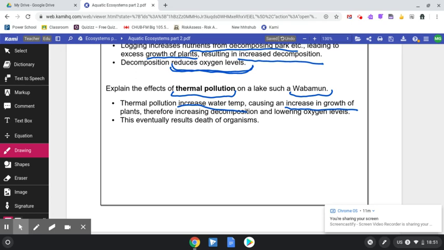This increases the decomposition and lowers the oxygen level for the fish that live in there, and also the living plants. This eventually results in the death of these organisms. So eventually, all living things are going to die out of this Lake Wabamun due to the electricity producing plant.